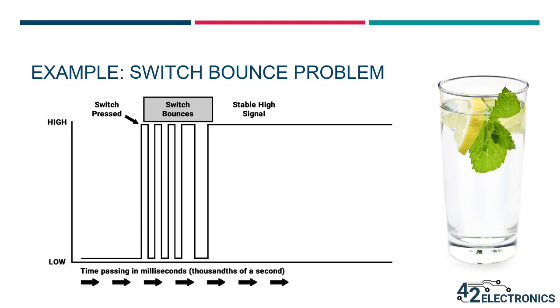So let's think through an example. Imagine you have written a program that is supposed to keep track of how often you drink water each day. Each time you drink a glass of water, you press a push button, and the program keeps track of how many times a switch went from low to high, adding to that count throughout the day. Okay, so pressing the button quickly only one time should result in 1 being added to the current count.